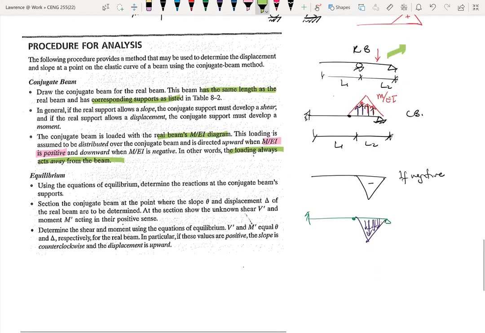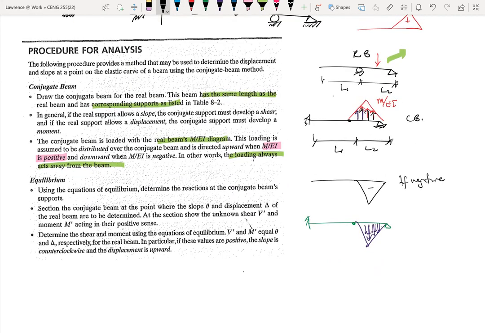So to make things easier, anytime we want to find the shear force and then the bending moment on the conjugate beam, so all of this is on the conjugate beam, we assume that the unknown shear force is acting downwards, and the bending moment is acting in the counterclockwise direction.